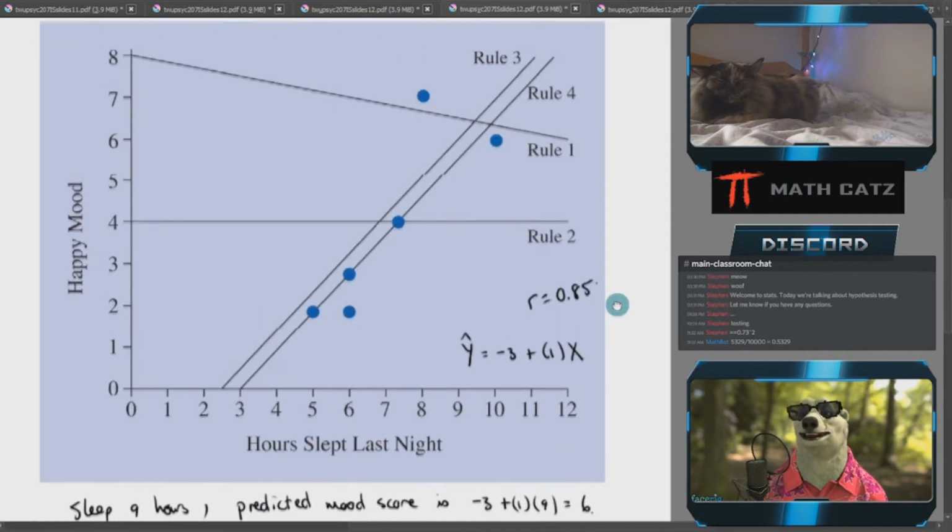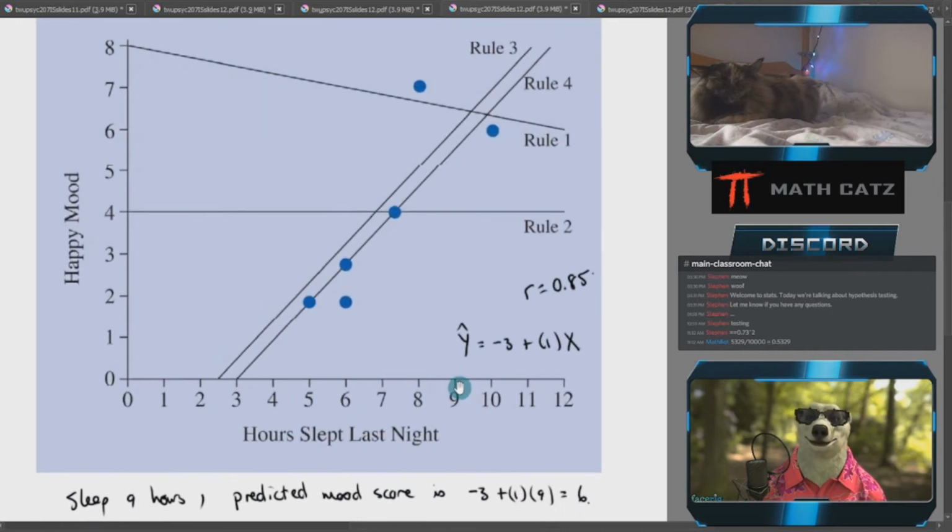Now I don't have the line here. 6 will be over here, so I'm suspecting that the true least squares fit sits somewhere over here, but I don't want to show that. It's too many lines on one graph.